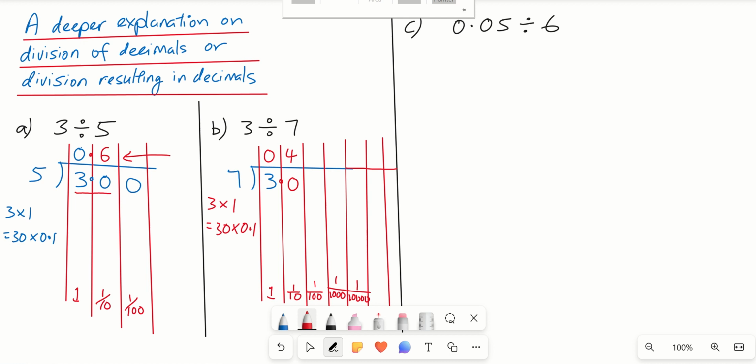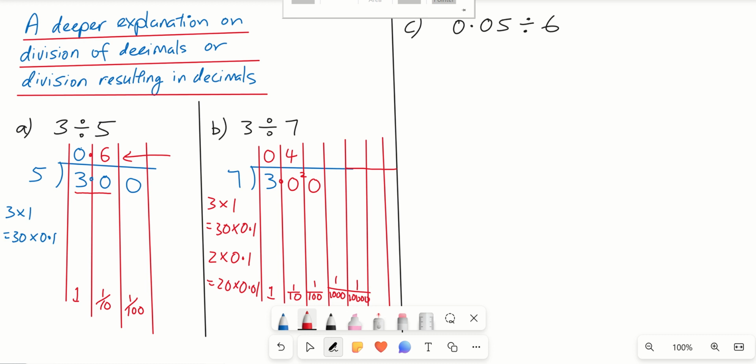So I have 2, which now is combined with the 0 in the next column to form 20. And to make things clearer, I have 2 times 0.1 as a remainder after dividing 30 units of 0.1 by 7. And that translates to 20 times 0.01, which is in the 100ths column.